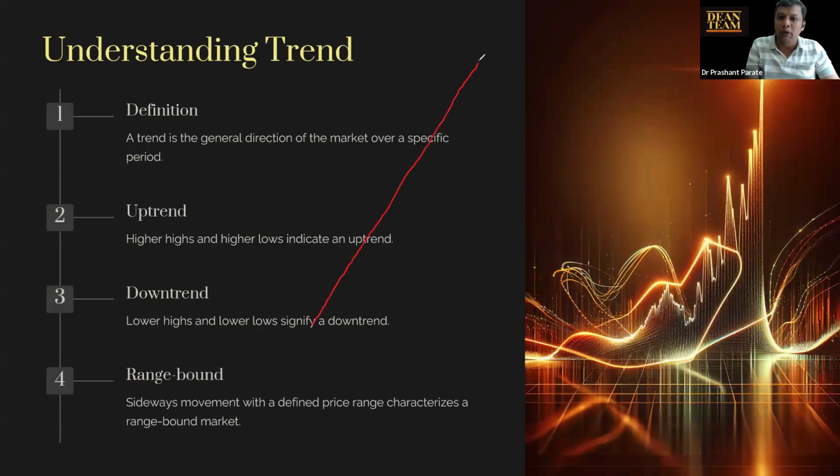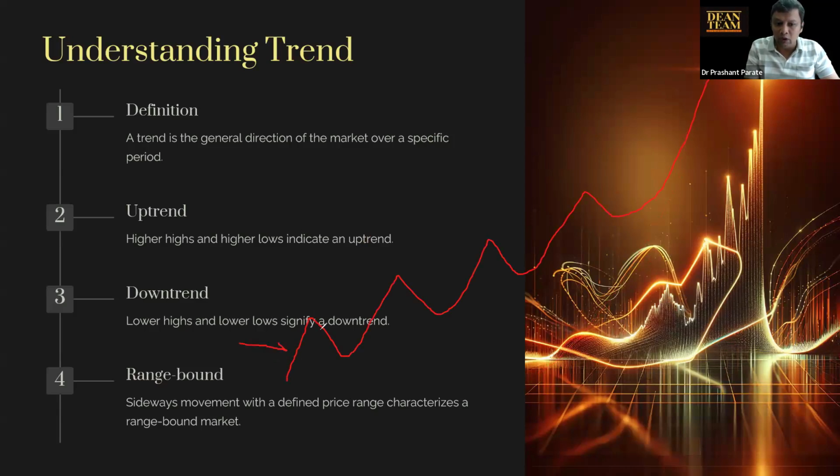Prices can never move in one direction, only upwards or only down. How do they move? They always move up and down. So prices will go like this. They will go like this. They cannot go up like this. So if prices go like this, what do we have to understand?